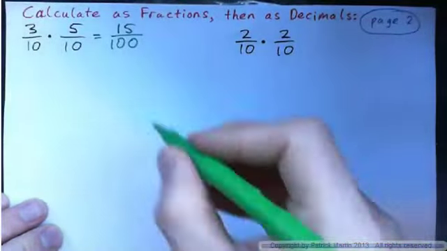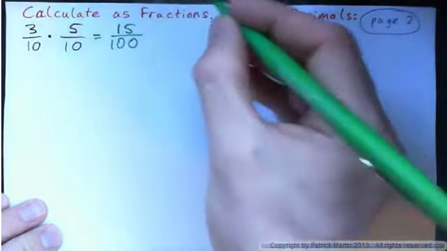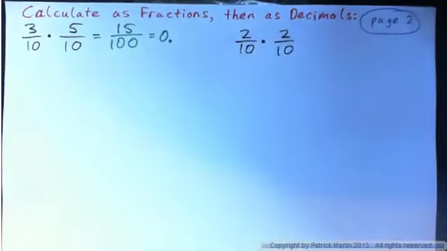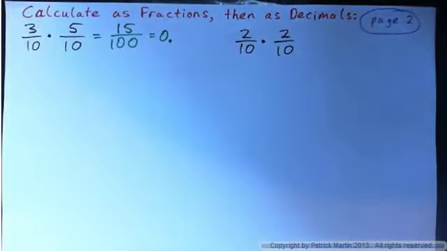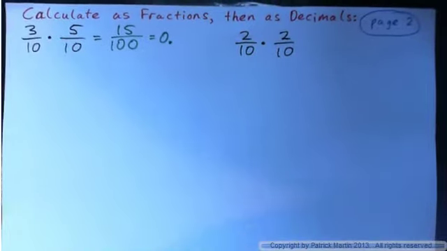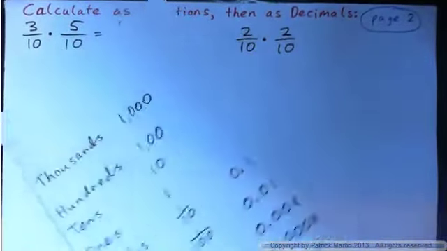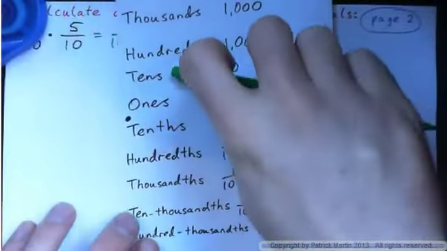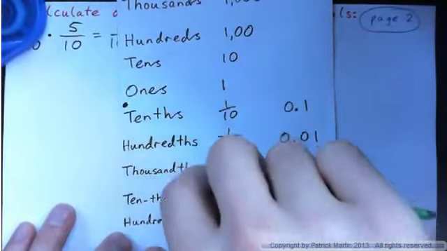Because look, what I want to do is I just want to write this as a decimal. That's 0. What? See, if I just leave it as 100 on the bottom, then I can get it as a decimal. And if you remember your cheat sheet with decimals, you've got tens, ones, tenths, hundredths, thousandths, and so on, right?